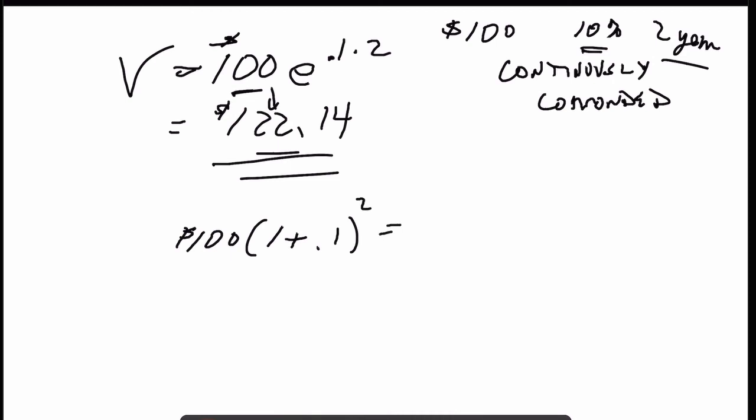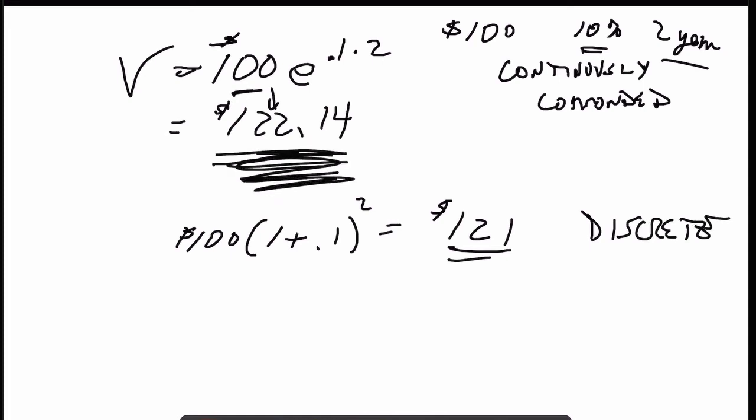And you'd get 121. Well, 121, if you're continuously compounding, this is discrete. If you're doing it continuously, that's what you get. If you're doing discrete, that's what you get. Is that exciting?